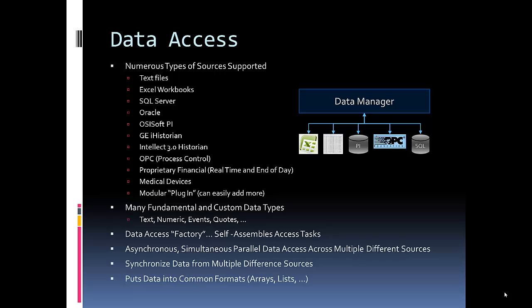Whether that be text files or Excel workbooks or SQL Server, Oracle, OSI Soft Pi, which is a real-time data historian, GE historian, and our own Intellect 3 historian. All of those are real-time types of data solutions, storage facilities.